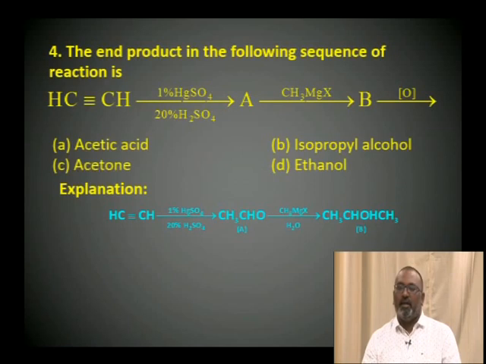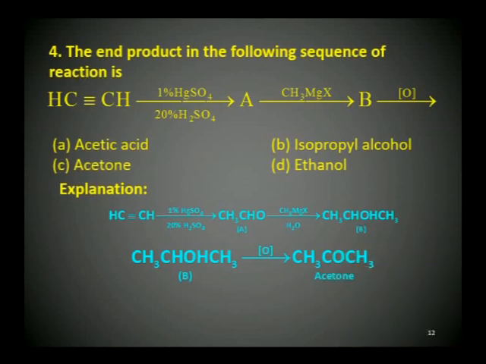And the reaction shows that it is isopropyl alcohol. Now, this isopropyl alcohol is again oxidized. As it is oxidized, we can see that when a secondary alcohol is oxidized, we get acetone, that is CH3COCH3. So, the answer is C.